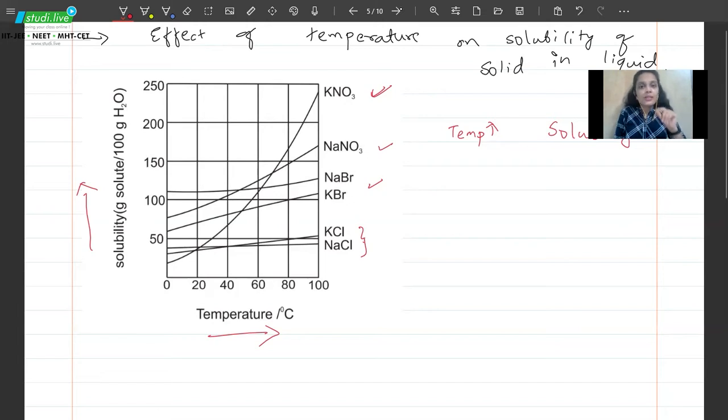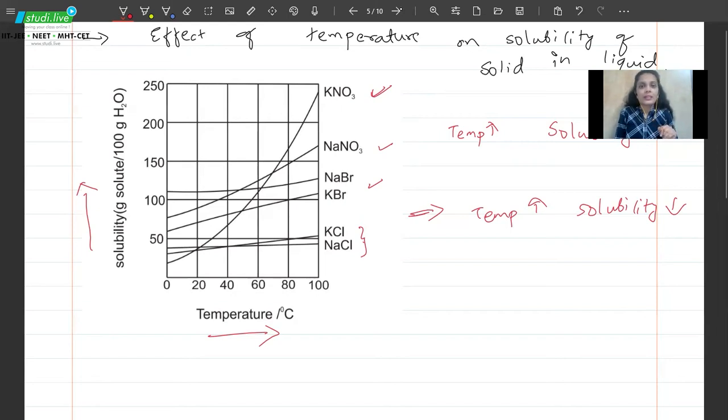But there are also very few examples where temperature increases and solubility decreases. There are always exception cases. Right now, most of the cases you can go through this. No need to mug up this graph, just a small explanation. This is the first and important effect of temperature on solubility of solid in liquid.